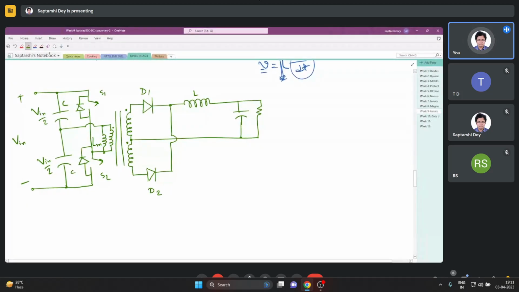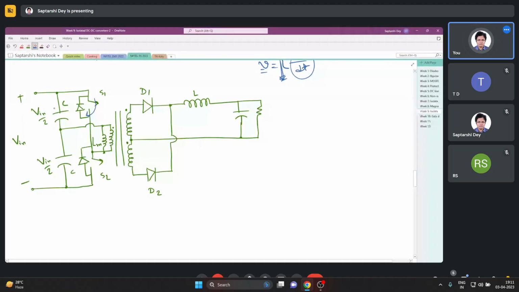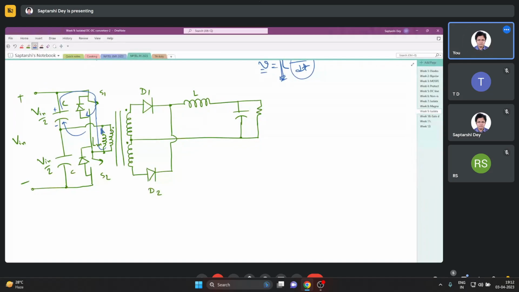Suppose I have turned on S1. When I turn on S1, what will happen? Who will let the current flow? Like this, the current will flow in this fashion. So if I turn on S1, the magnetizing current is flowing upward, in this direction.